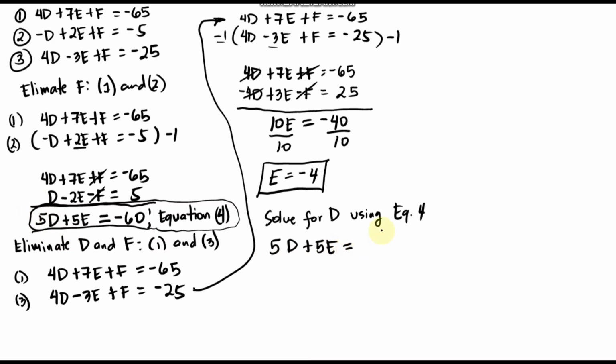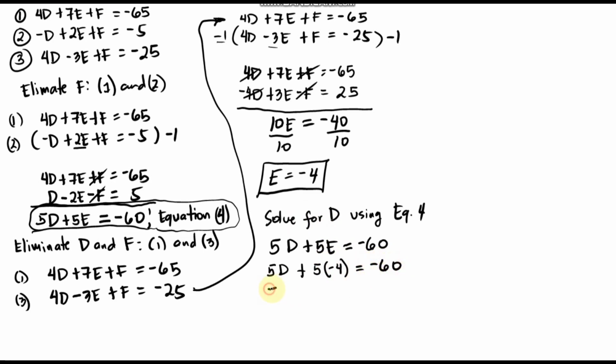equals negative 60. We will substitute the value of e, that is negative 4, so that we can find the value of d. So 5d plus 5 times the value of e, that is negative 4, equals negative 60.